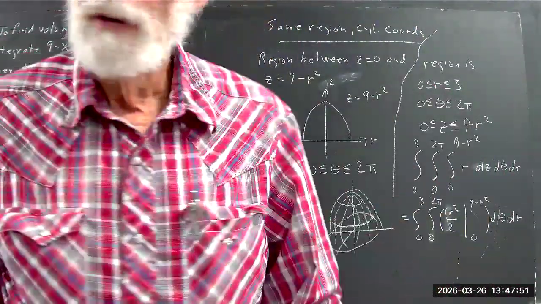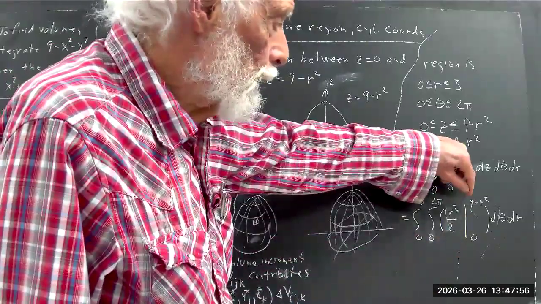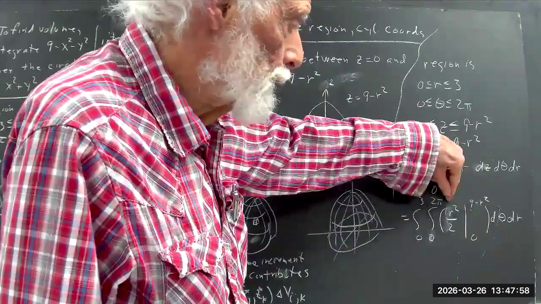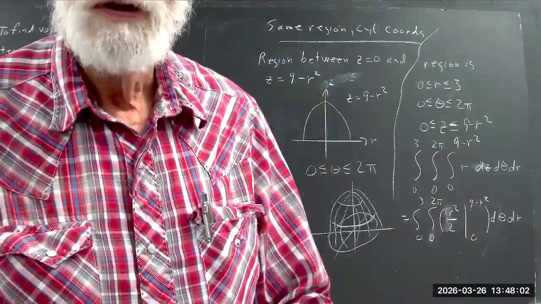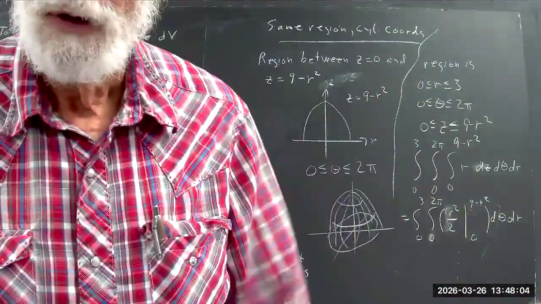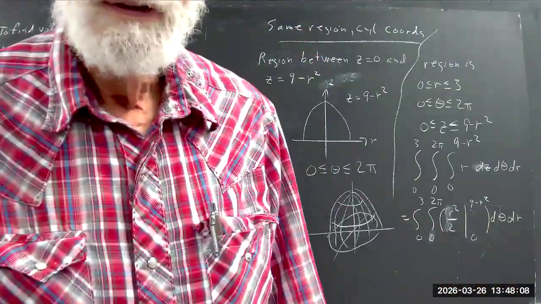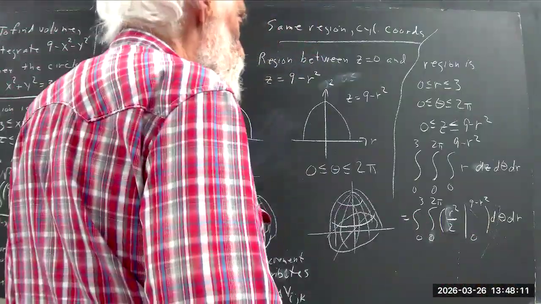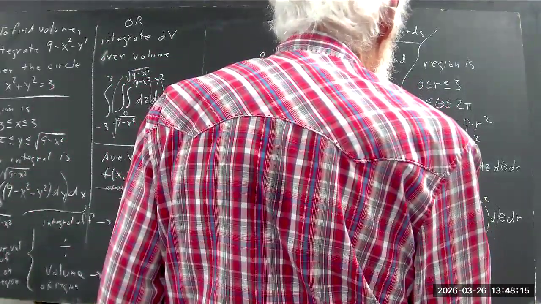I'm not actually going to do it because we're really missing time here. But you substitute this in, you're going to get (9 − r²) squared. So you're going to have r to the fourth, you're going to have r², and you're going to have numbers. A simple polynomial, going to be easy to integrate when you get out here to dr. I'm kind of skipping a step here.